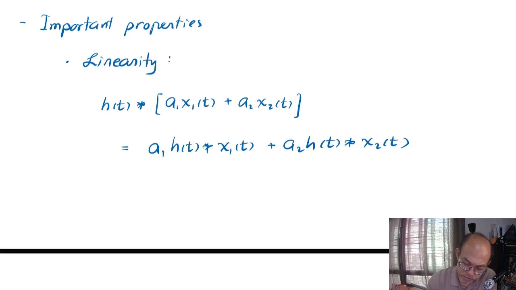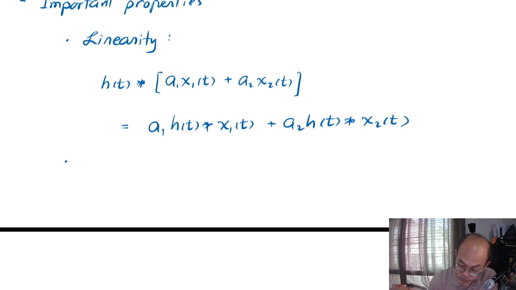So that was the first property, which is a very important property.